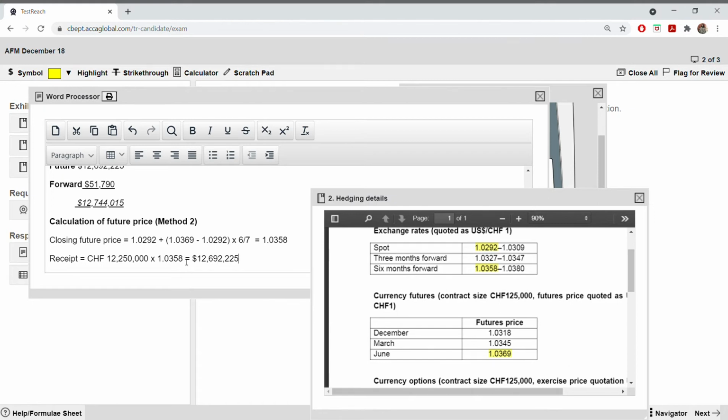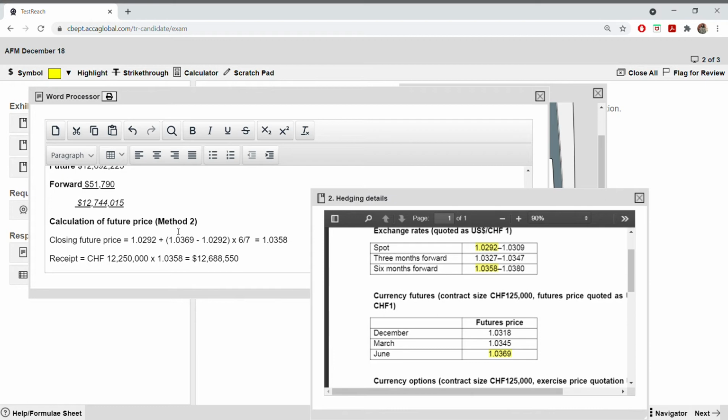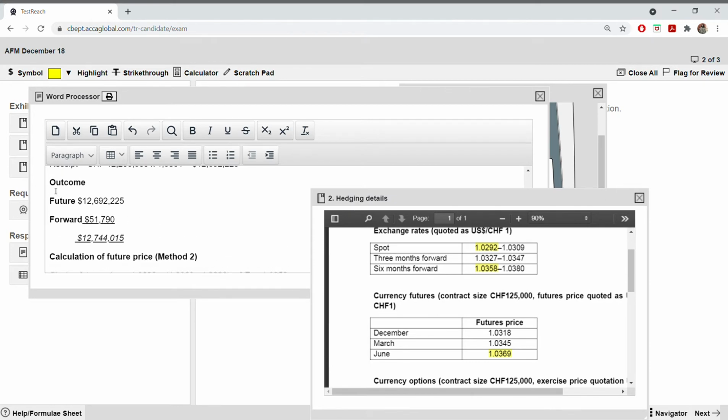So this will change to 12,688,550. So now I have the answer for both methods. What will be the outcome? So the outcome will be, okay, I'm just going to copy paste this.